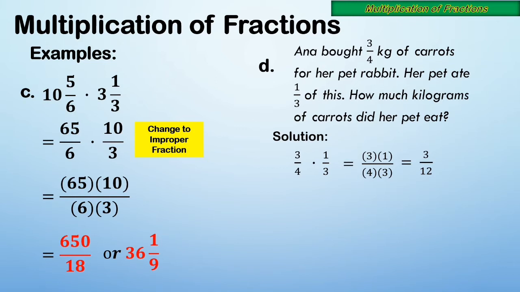What is the greatest common factor of 3 and 12? 3. Therefore, 3 divided by 3 is 1, and 12 divided by 3 is 4. The question is, how many kilograms of carrots did her pet eat? Anna's pet ate 1/4 kilograms of carrots.